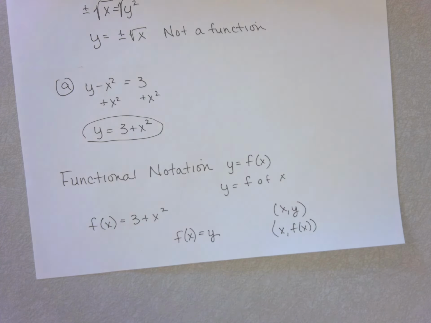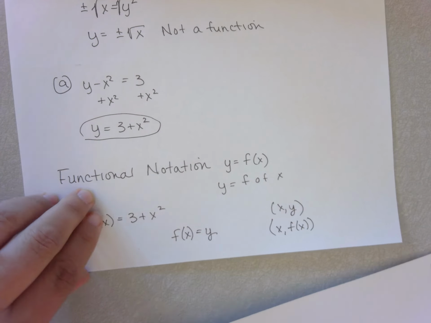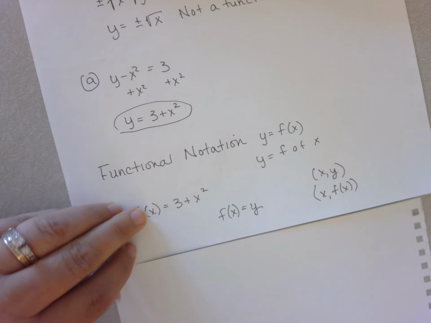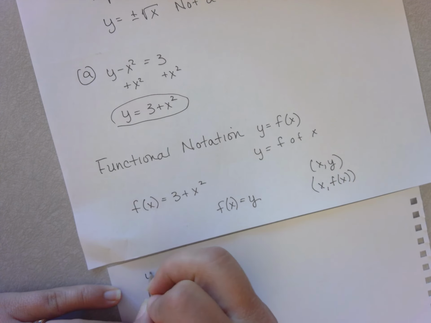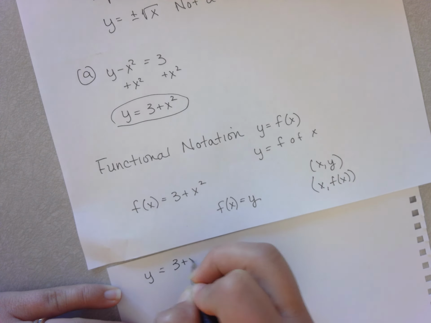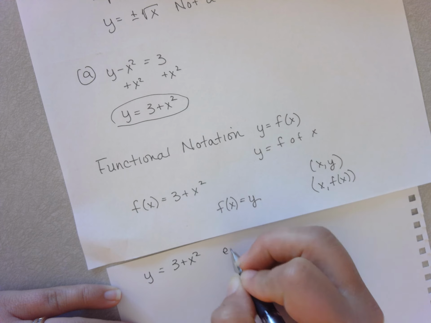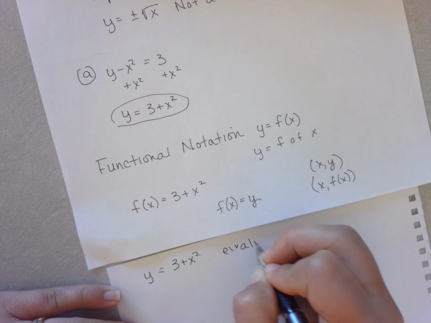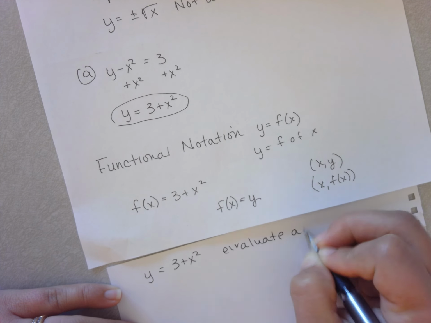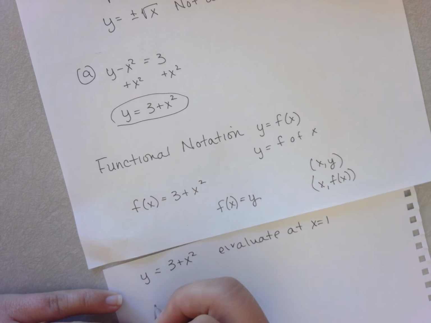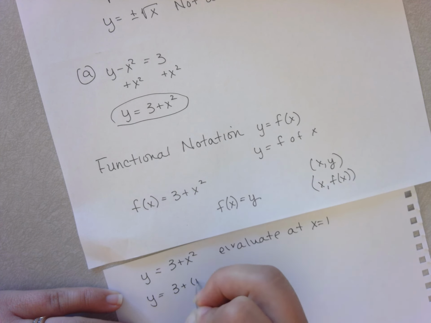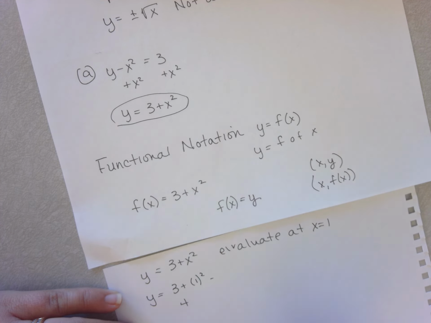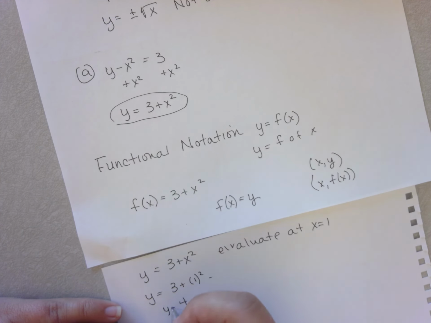So also, this is a nice thing because we like to have shortcuts. So if I was using y equals 3 plus x squared and I wanted to, I could say evaluate this at x equals 1. Okay, so then that would mean that I would plug in y equals 3 plus 1 squared and I get 4. Okay, so y is equal to 4 in that case.